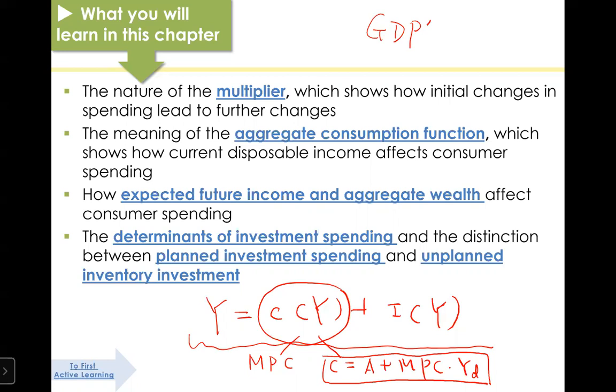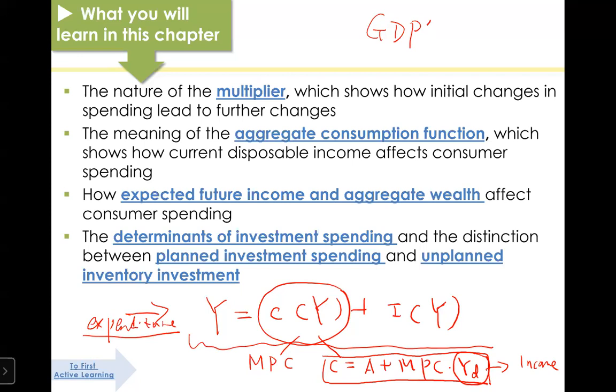Just keep in mind there are three approaches to look at GDP. In that sense, this income is also GDP. Let me write down, this is income, but this equation comes from expenditure, the expenditure approach to GDP. From the previous chapter, we knew that whether you look at GDP through the lens of expenditure or through the lens of income, both will give the same number.